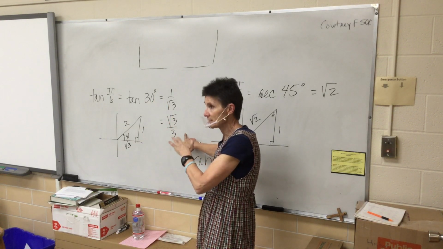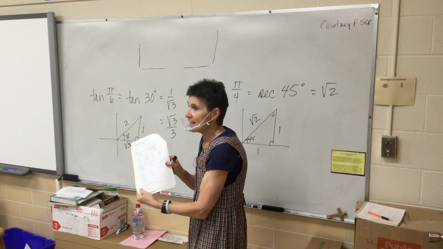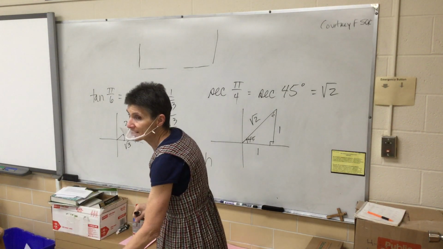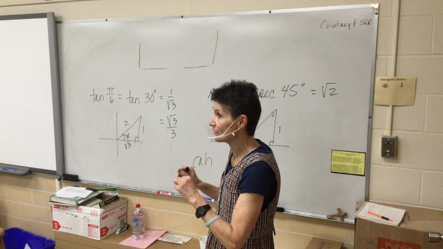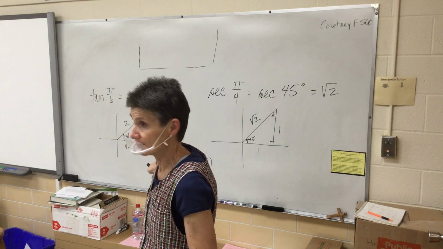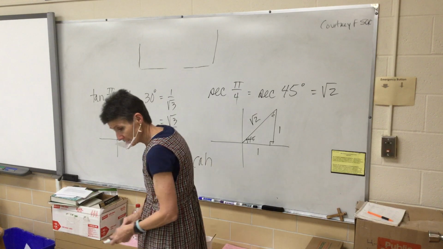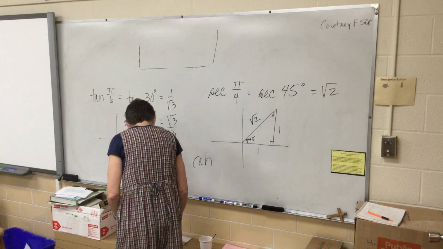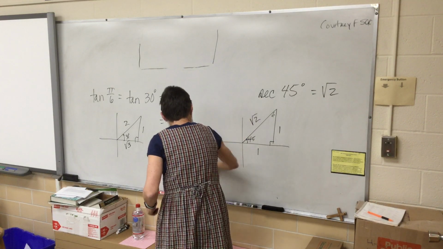It will give you some decimal. But remember, the directions said exact. Now I went ahead and put no calculator as a reminder there, but anytime it says exact, that means exact. No rounding off, no decimals. Doing it by hand. All right, do the last one on your own. Cosine pi over 3. Tell me what the cosine of pi over 3 is.